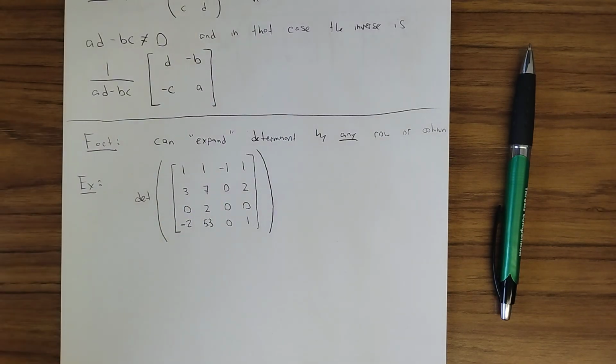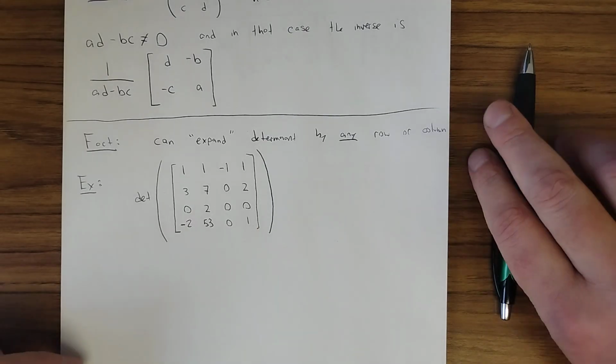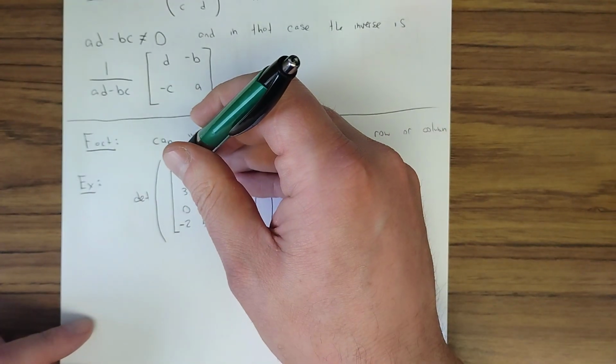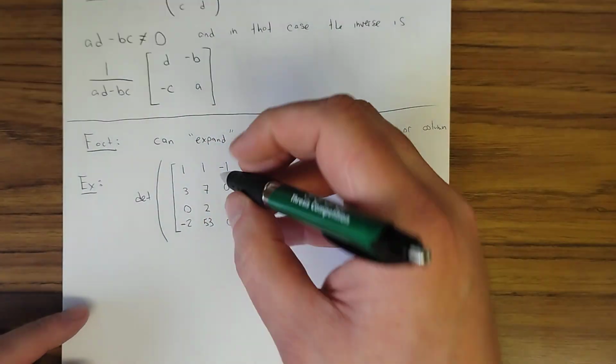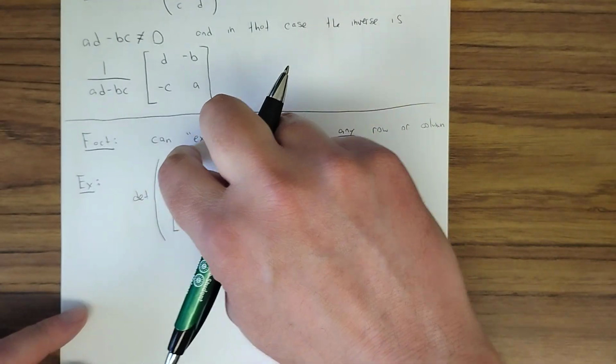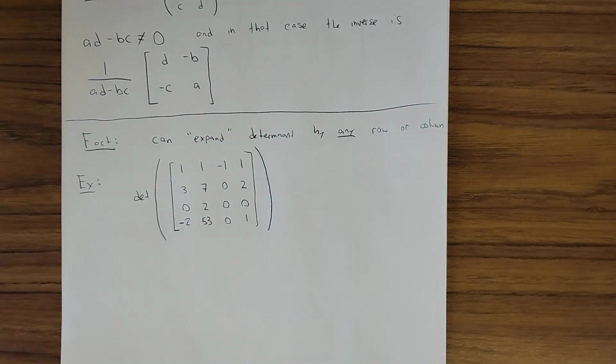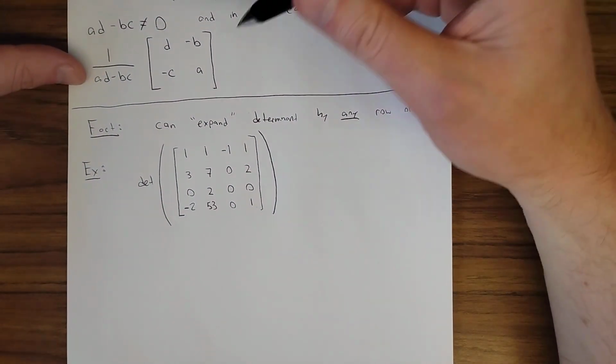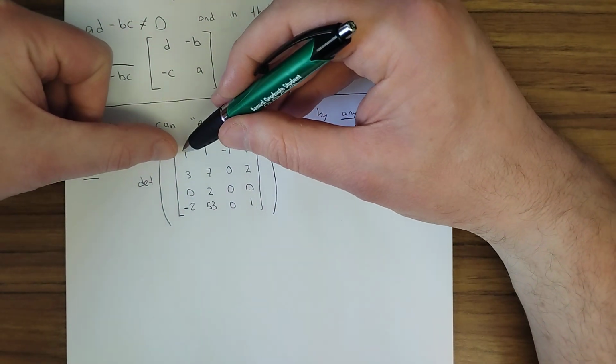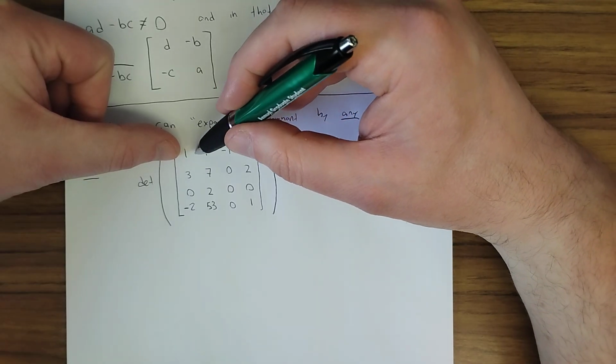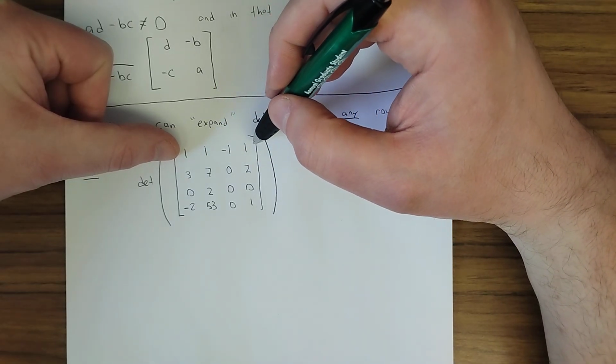So here's the fact that I'm about to illustrate. The definition that I gave you, I would describe as expanding along the first row, because we go along the first row and do this number times this determinant and so on. You can actually expand by any row or any column. What's not a great idea is going across this row, because it would be a lot of work.